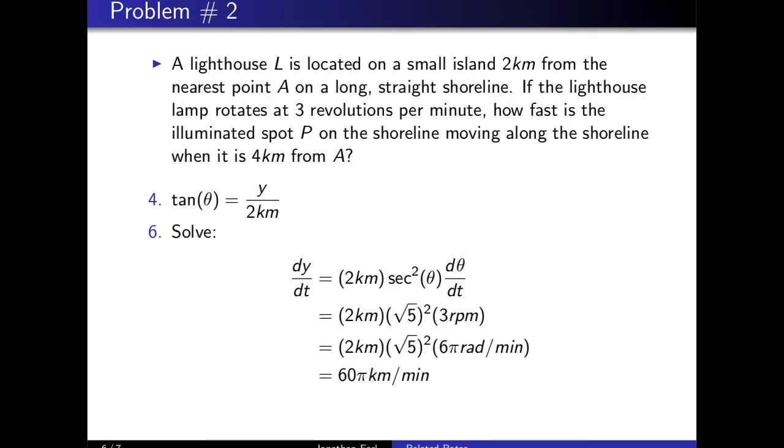Radians are kind of a fictitious unit, so they're safe to drop. And again, we get what we'd like: we're looking at a change in distance with time, and we get units that are a change in distance with time, so kilometers per minute. So we could say that the illuminated spot P is moving at a rate of 60 pi kilometers per minute.